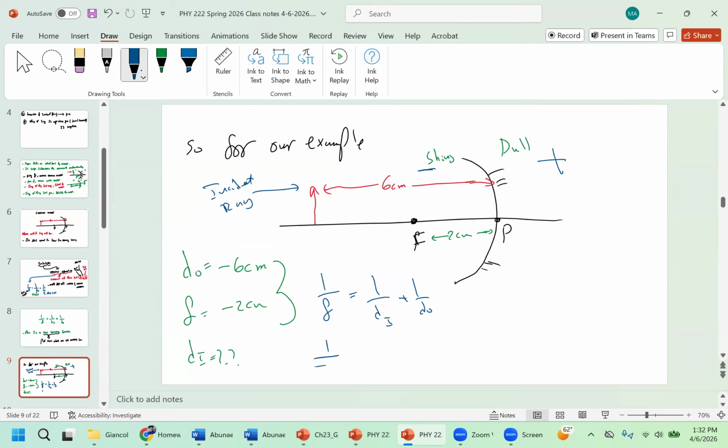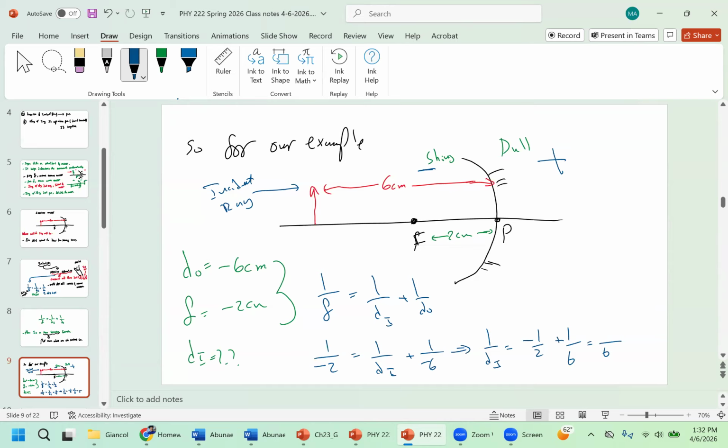So 1 over minus 2 is going to equal 1 over di plus 1 over minus 6, which means 1 over di is going to equal what? Minus 1 half plus 1 over 6. And over 6, what are you going to have?